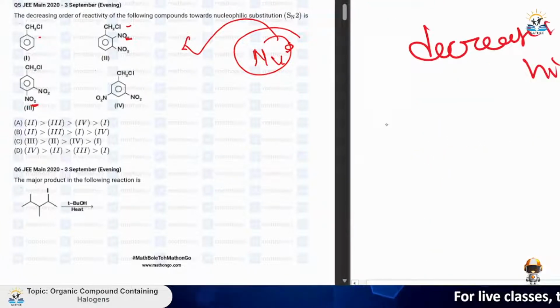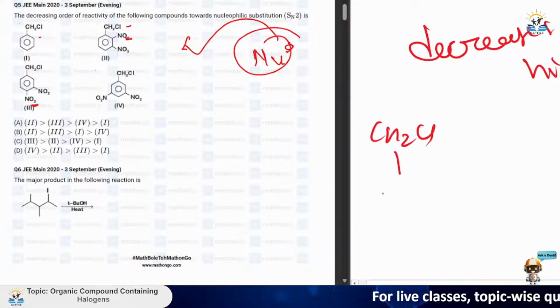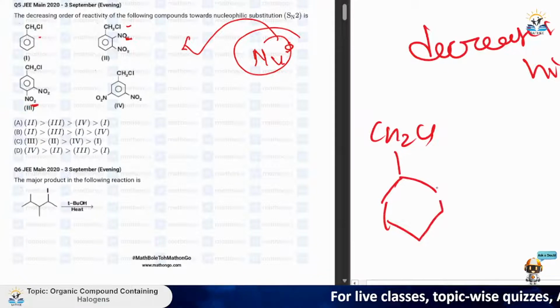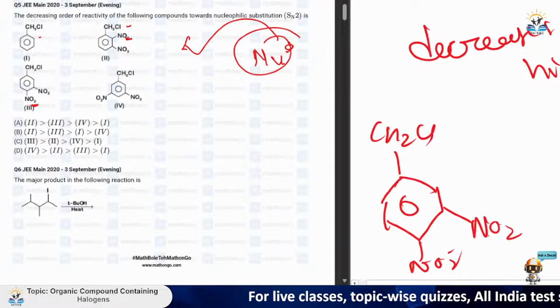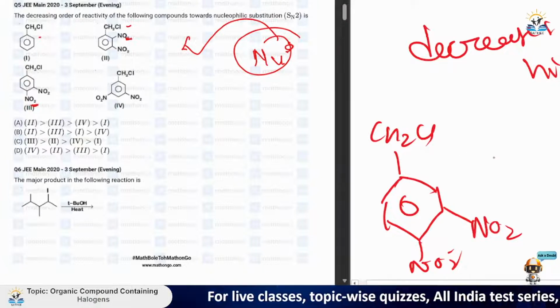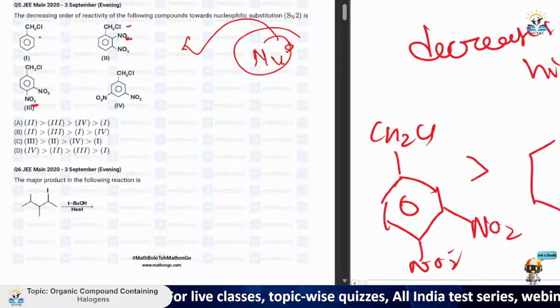First one will be CH2Cl with NO2 and NO2, one para and one, so there will be more preference here.